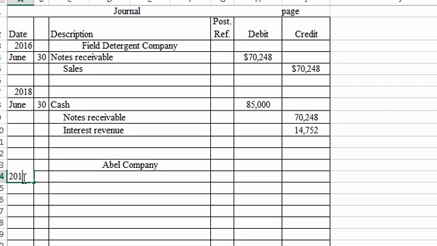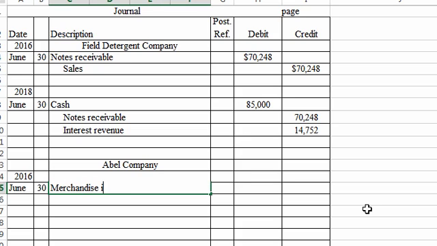Okay, in 2016, on June 30th, you figured it out yet? On June 30th, they would debit. It says they purchased merchandise. Let's assume it was inventory. So they would debit merchandise inventory, could have just been merchandise, but I'm going to go with inventory, for $70,248.